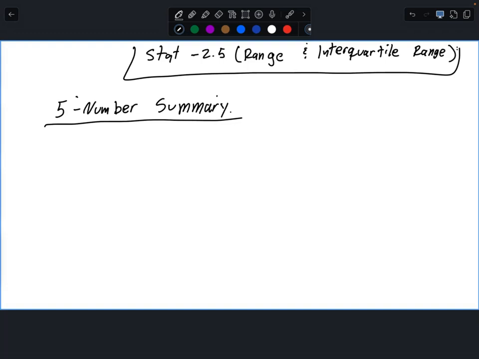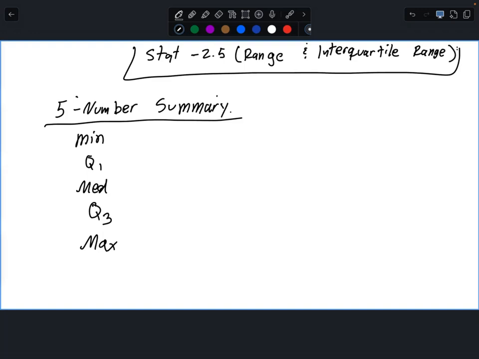The min, Q1, the median, Q3, and the max. The LQ, that's the lower quartile.